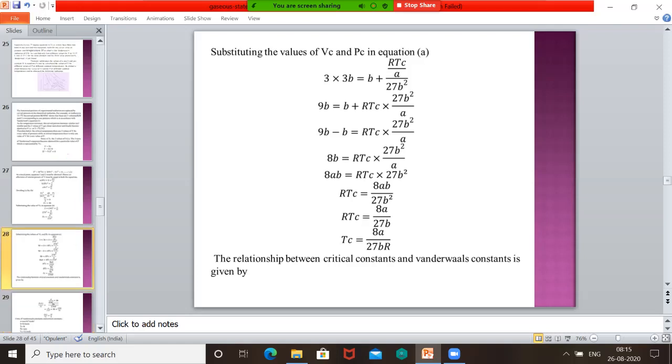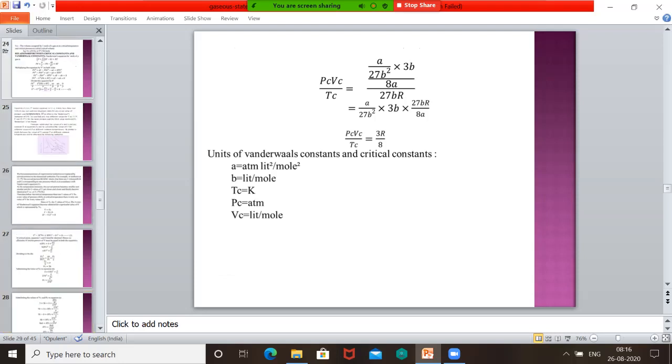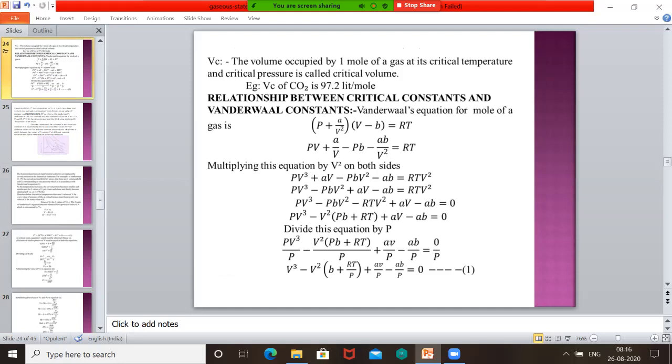So we must know the values of Vc, Pc, and this, that is Tc. So how did we get all these things? If we want to summarize, this is the Vanderwaals equation. For 1 mole, it is P plus A by V squared into V minus b is equal to RT. We are multiplying this and arranging, making them as the powers of V, because the LCM is V squared.